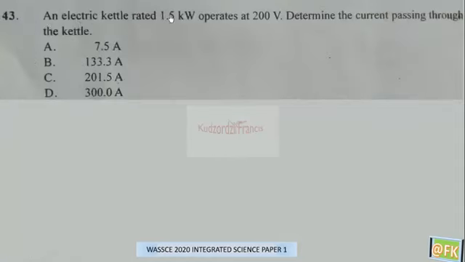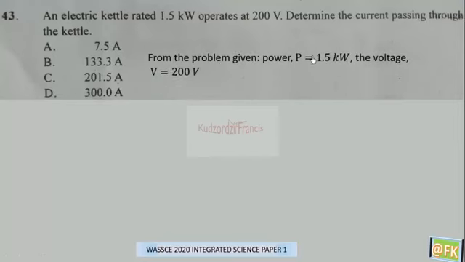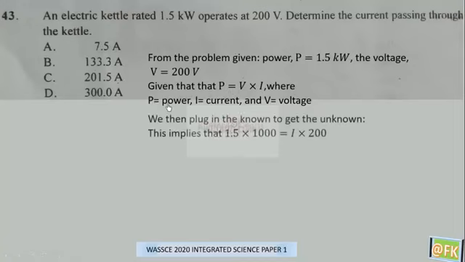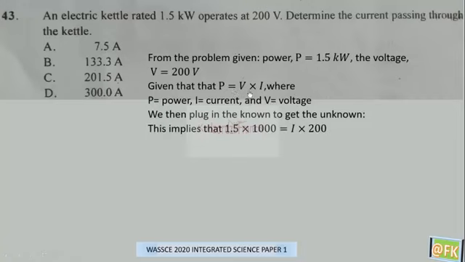An electric kettle rated 1.5 kilowatts operates at 200 volts. Determine the current passing through the kettle. So from the question, we know power to be 1.5 kilowatts and the voltage to be what? 200 volts. P is equal to V by I, where P is equal to power, I is equal to current, and V is equal to voltage. So knowing these values, we substitute them into this formula.